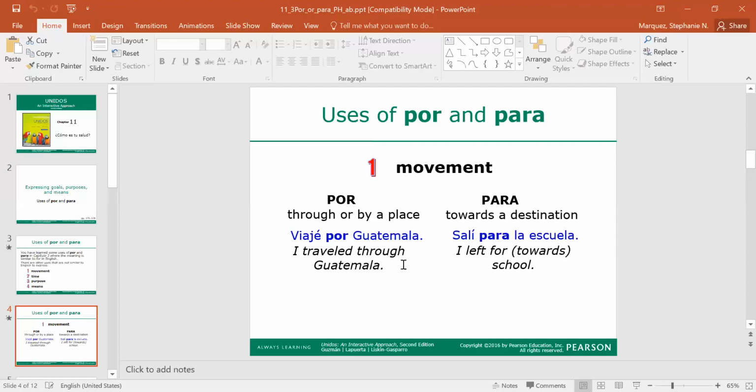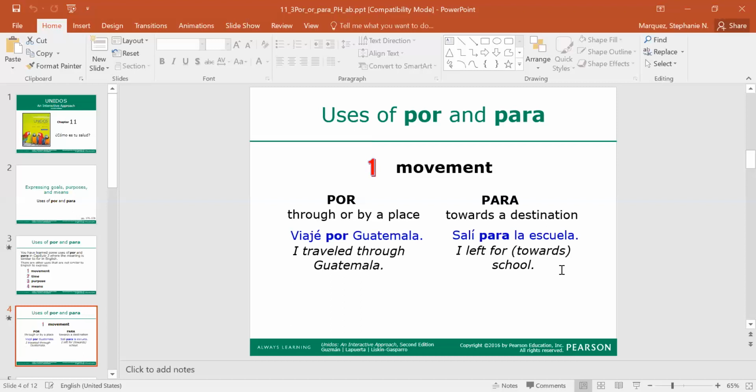Notice the important thing with this is it doesn't just say I left for school, but most curriculum or text will tell you that para, when it's talking about movement, it's whenever you're heading towards some place or whenever you're on the way to some place. Please note that.